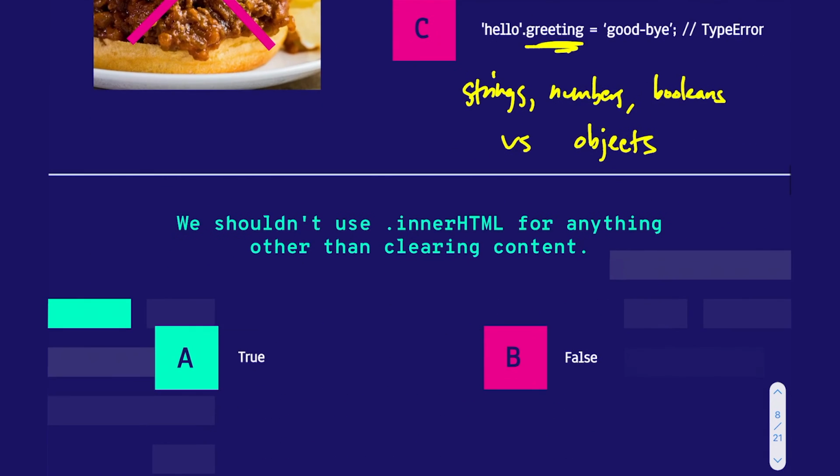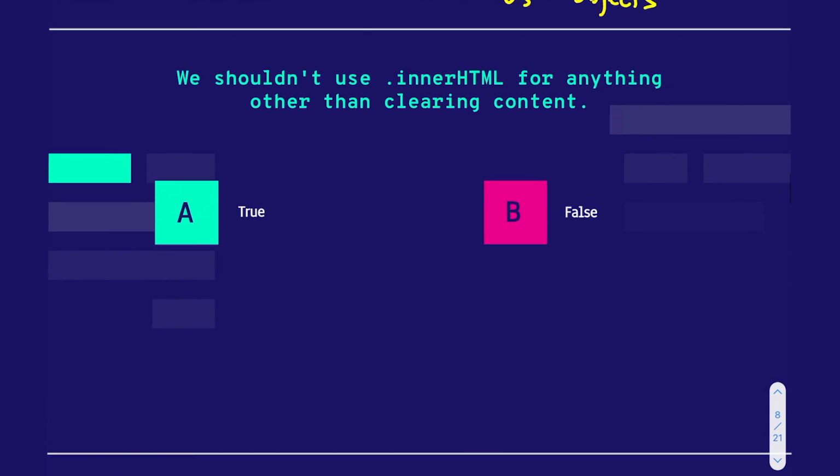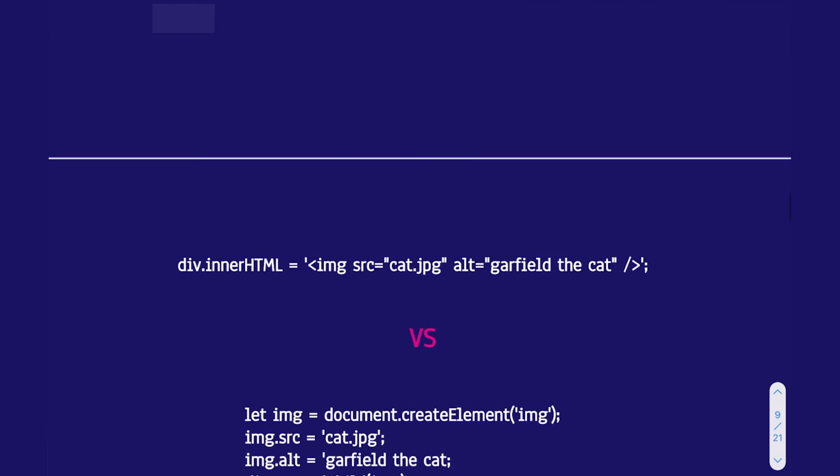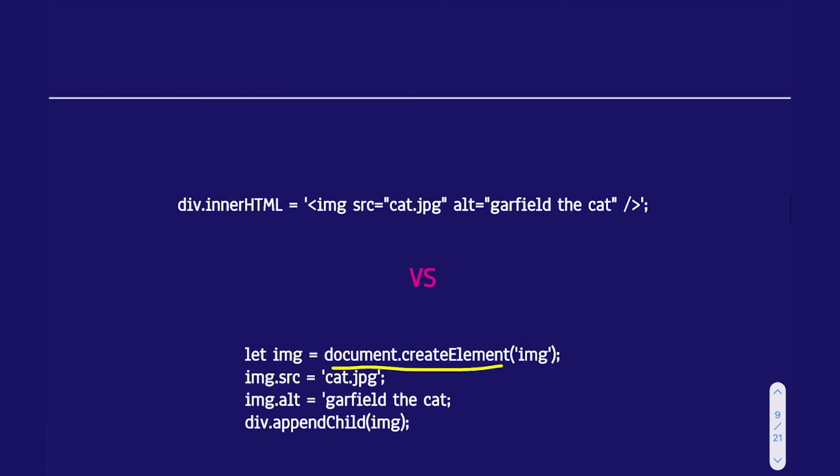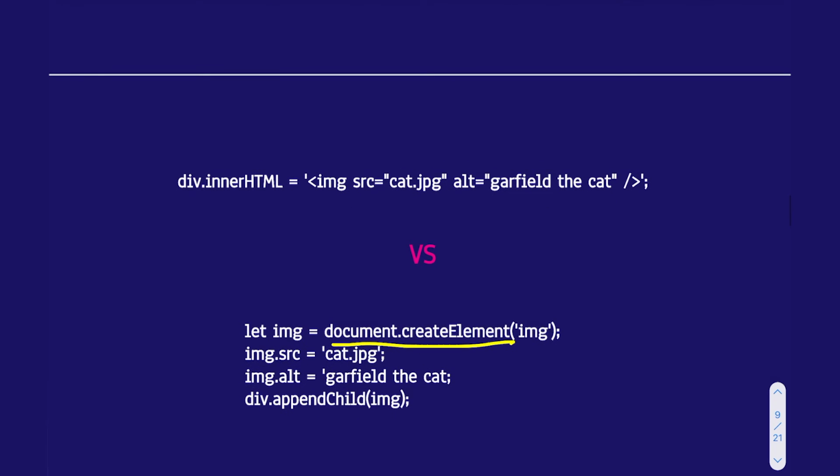All right, next question. We shouldn't use innerHTML for anything other than clearing content. A, true, or B, false? The answer is true. So we really want to use document.createElement over innerHTML. The reason why is kind of tied back to useStrict, where it's a little sloppy.